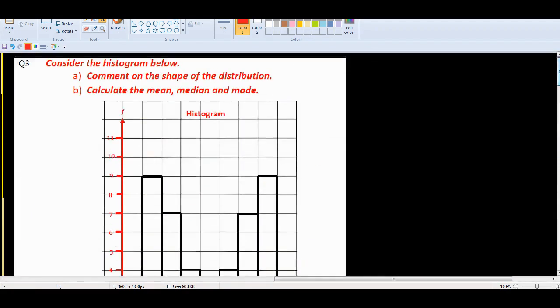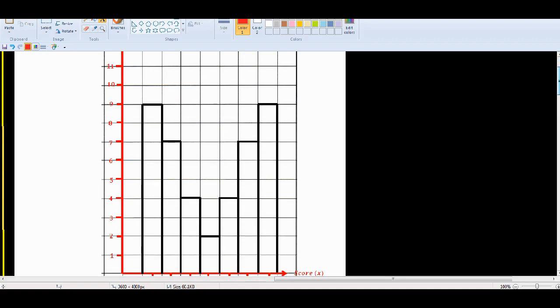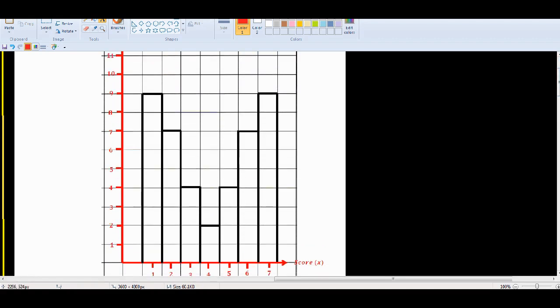Let's see another one. Comment on the shape of the distribution of this one. When you see the distribution of this one, it's a perfectly symmetrical distribution, right?